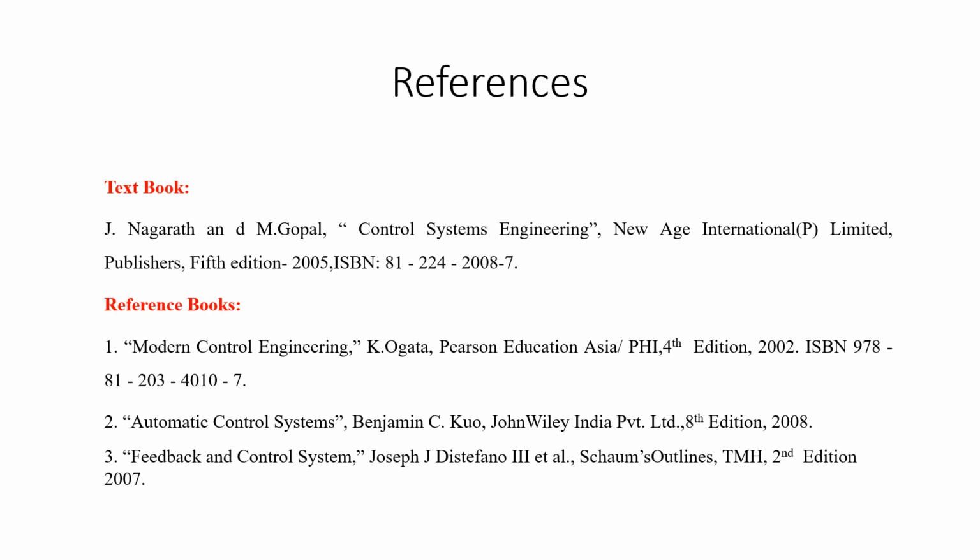Then in the third rule, you have learned how to shift a summing point which is before a block, and how to shift a summing point after a block. So this is your rule number 3 and 4. In rule number 5 and 6, you have learned how to move a takeoff point which is before a block and which is ahead of a block.